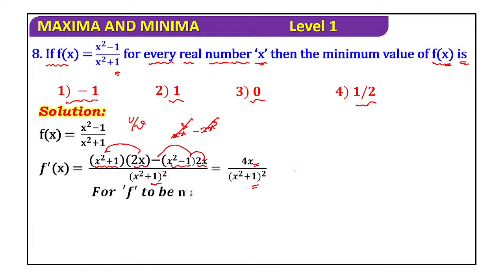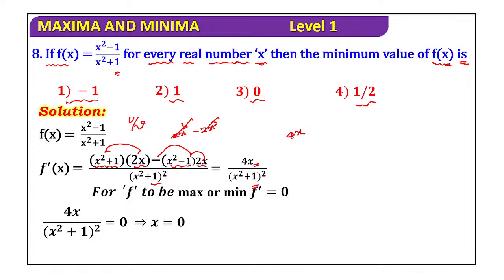From this you can just see, for f to be an extremum, f dash of x must be equal to 0. So here 4x divided by (x square plus 1) whole square, I will take it as 0. If I multiply this to 0, it will be 4x equal to 0, and if I simplify this, x is going to be equal to 0.